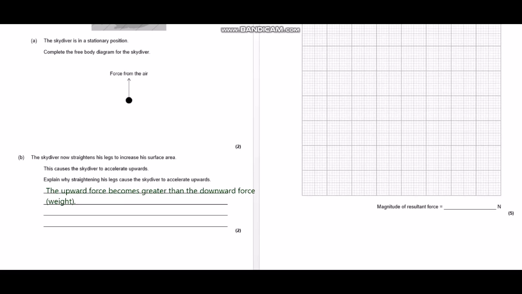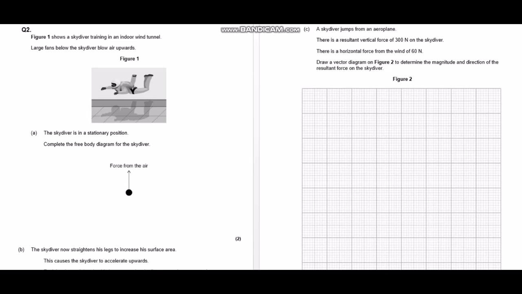And then this is because the air resistance has now increased due to the increasing of surface area. 2 points for 2 marks. Again, pause the video here because these answers will be removed when we move on to the next question.